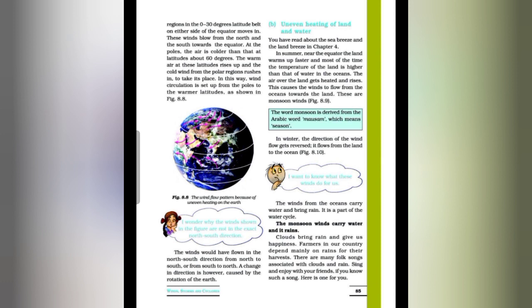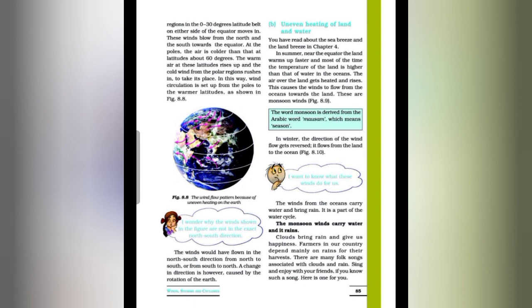So you have to observe figure 8.8 and you can see that the region close to the equator receives direct rays of the sun. So it is the hottest part of the earth and the air above the equatorial region gets heated and becomes warm.